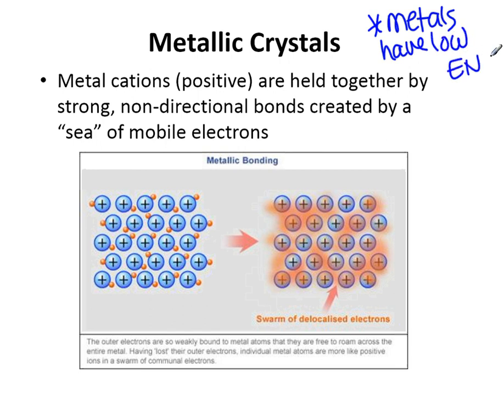So remember, electronegativity measures how much an atom wants electrons when it's forming a chemical bond. We know metals have low electronegativity, meaning they don't really hold on to their electrons strongly. And remember, they also form positive ions when they do bond with something else.